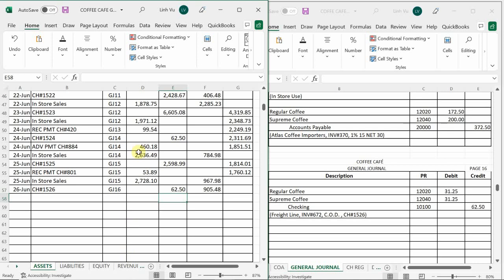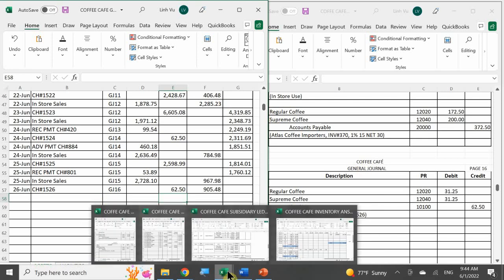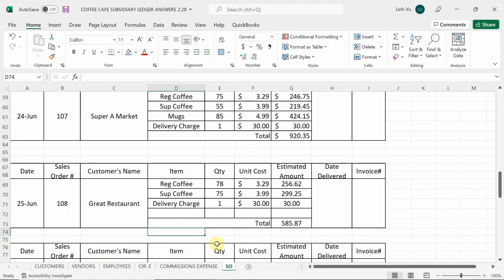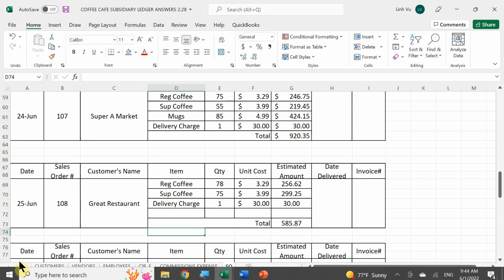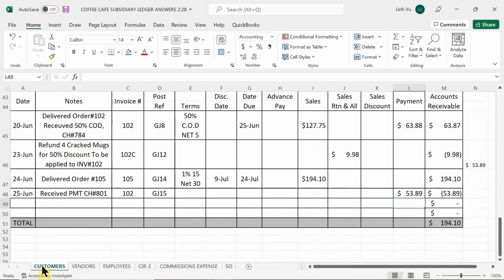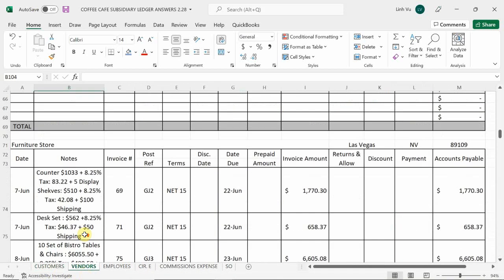All right, so now that I finished my journal and my ledger, I need to update my subsidiary ledger because I owe Atlas Coffee more money. They are my vendor.